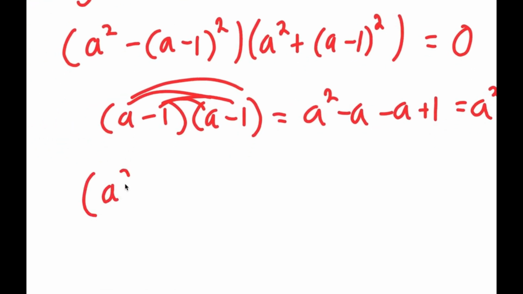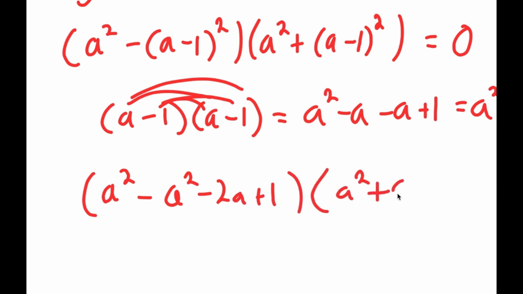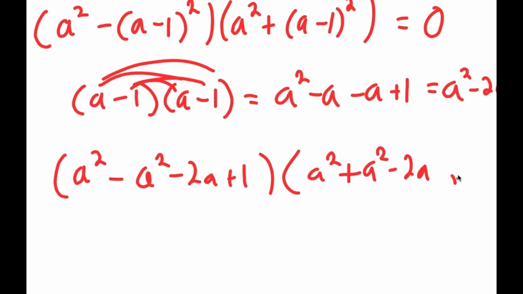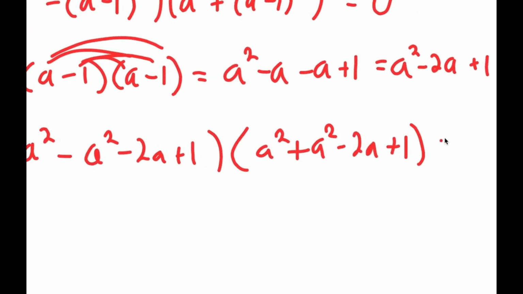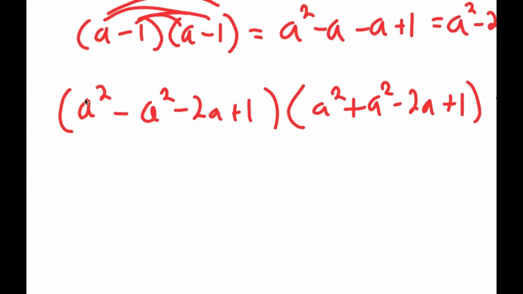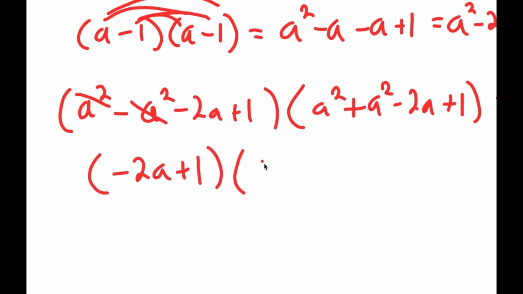So now I get (a squared minus (a squared minus 2a plus 1)) times (a squared plus a squared minus 2a plus 1) is equal to 0. Now for my left-hand side, these two cancel out, and all I'm left with is negative 2a plus 1. And for my right-hand side, these two add, a squared plus a squared, so I get 2a squared minus 2a plus 1, and this is equal to 0.